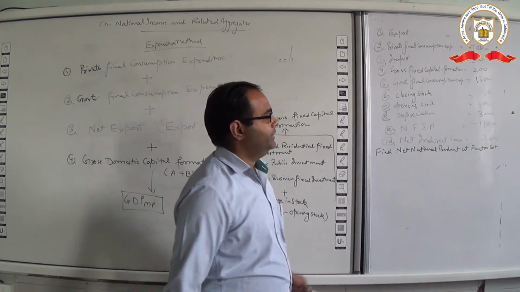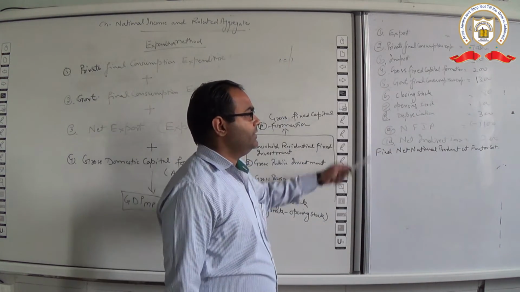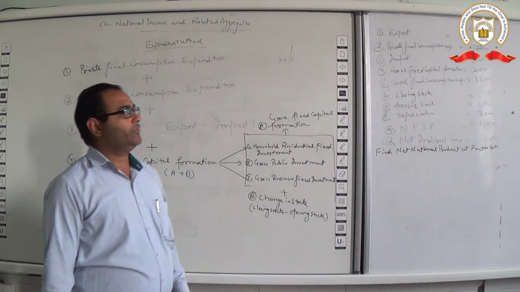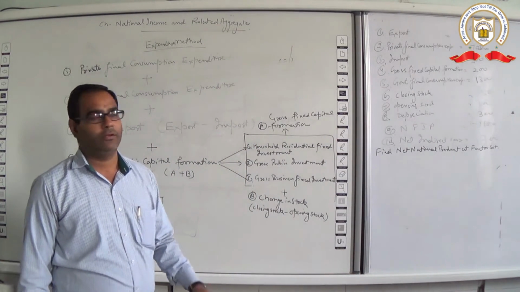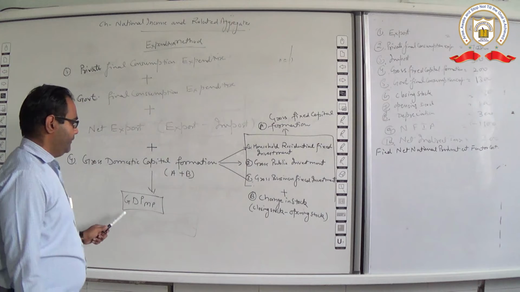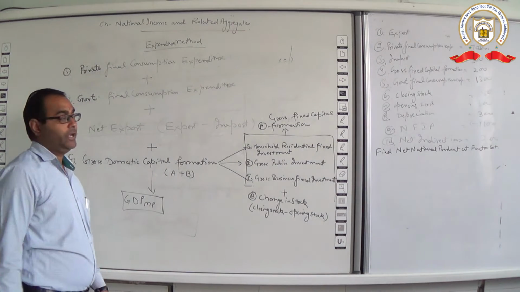Since values of the expenditure method are given, we first calculate gross domestic product at market price.